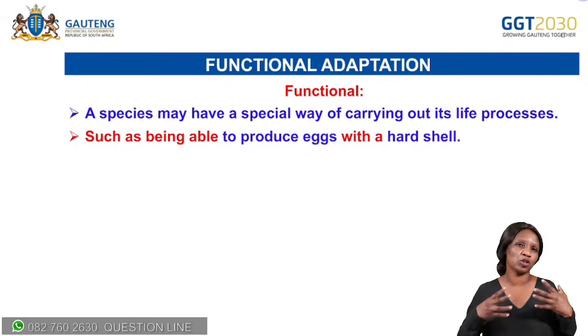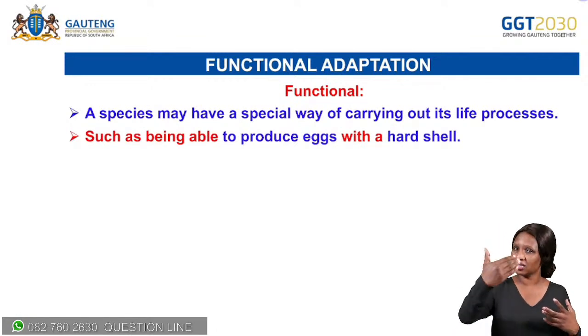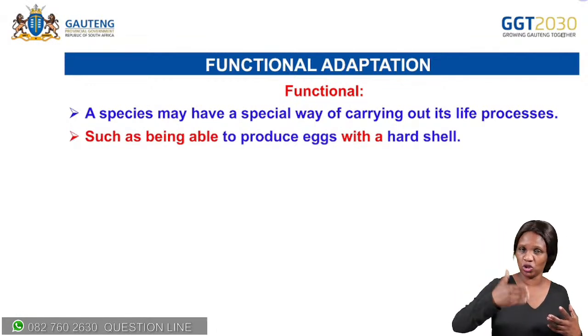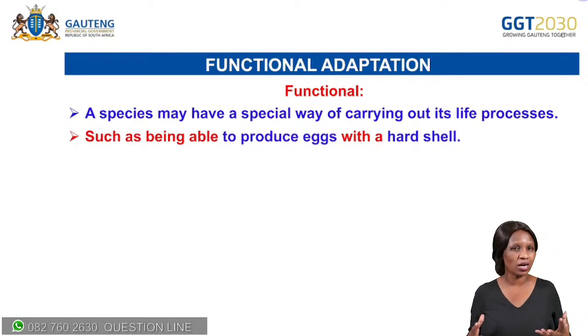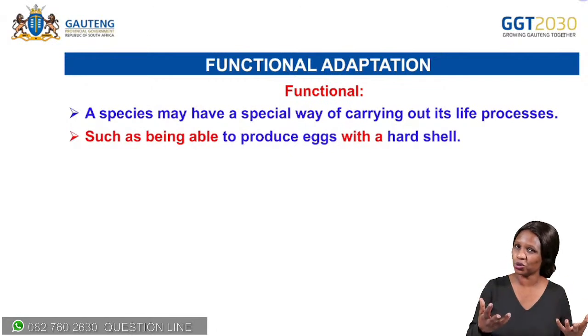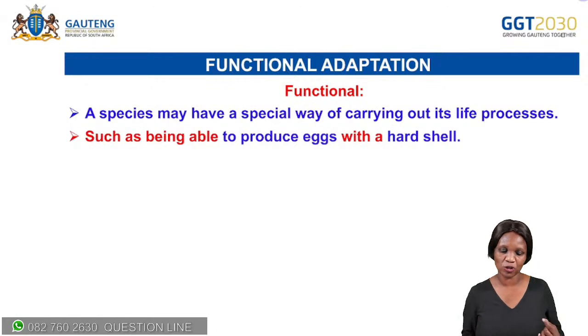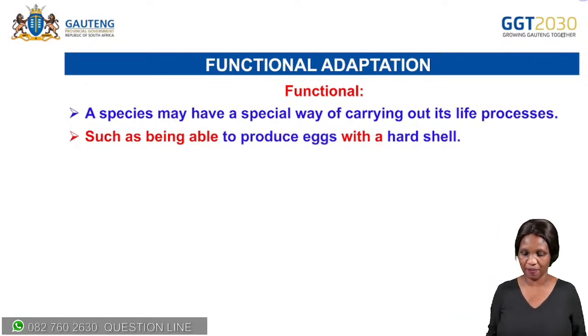We're talking about reproduction. The animals or the population needs to reproduce so that they will have the same species in the future. And then we can talk even about growth. They need to grow. They need to reproduce. Right. All those are some of the life processes that we are talking about.